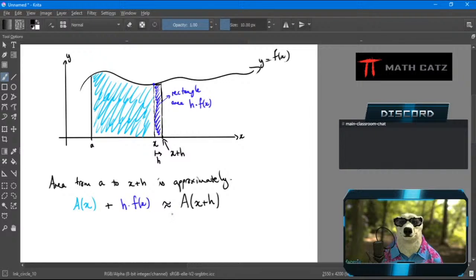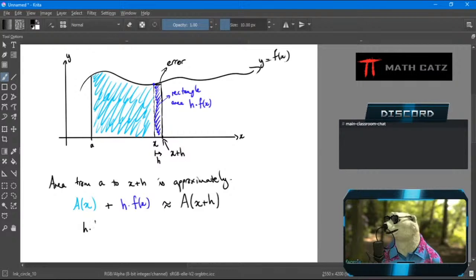So I have this approximation, which isn't a bad approximation, because if my little extra purple gap that I step forward is really small, this error that I'm making is going to be very, very small and actually gets smaller as h gets smaller. Let's just rearrange this approximation equation.